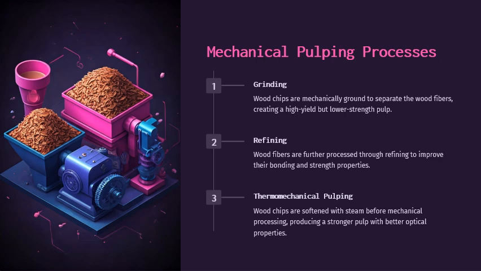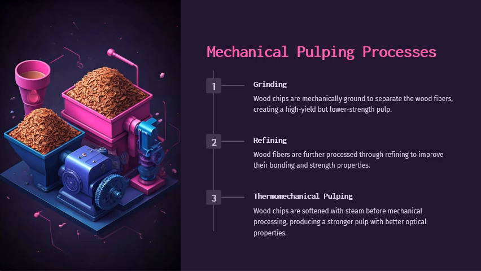So what is in the mechanical pulping process? First of all, you have the grinding. The wood chips are mechanically ground to separate the wood fibers, creating a high yield but lower strength pulp.